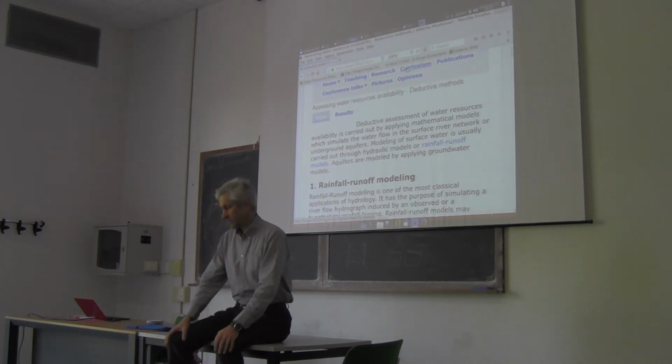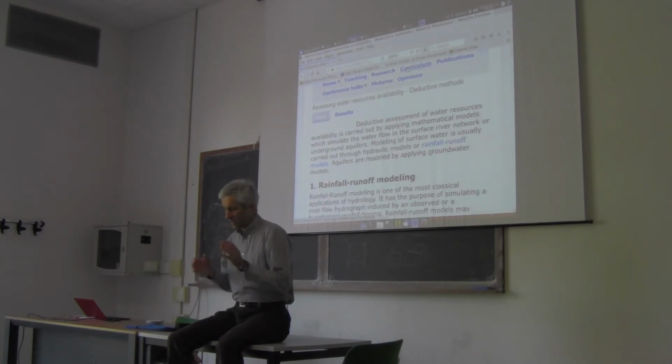So, what is the advantage of the deductive method? The advantage is that it uses a kind of information that may be extremely useful, which is not by definition used by the inductive method. Keep in mind that you, as an engineer, have problems to solve.